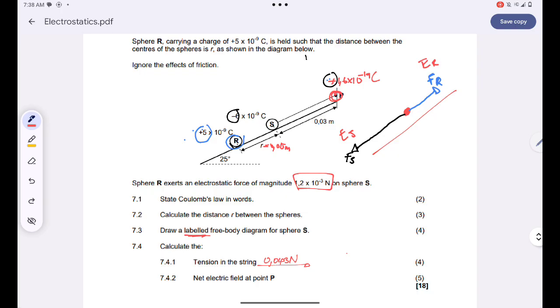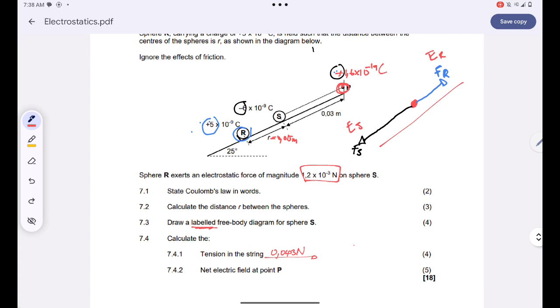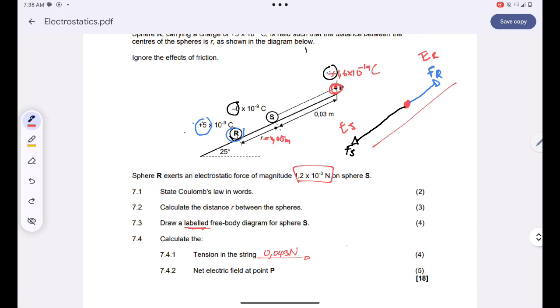So for me to find my net electric field, all I have to do is choose a positive direction. Since I know that the electric field due to charge S would be greater than the electric field due to charge R, because the distance is smaller, I will choose down the incline as positive.